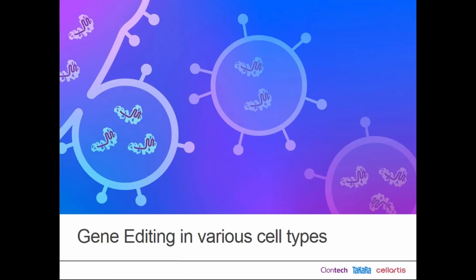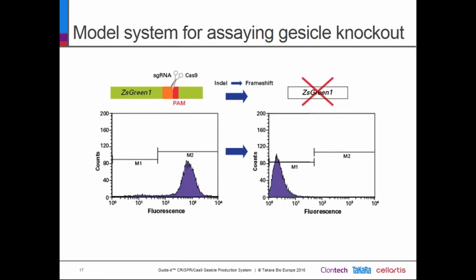Okay, so now I would like to show you some results using Gesicle delivery. So first of all, we created an easy model system to show Gesicle efficiency in different cell types. And for this we created stable cell lines containing the ZS green reporter, and we then designed a guide RNA against ZS green.